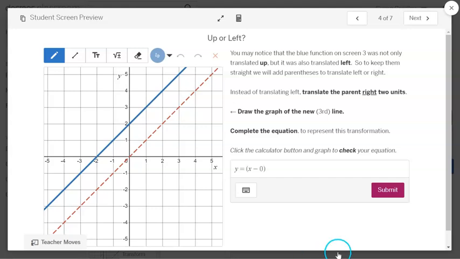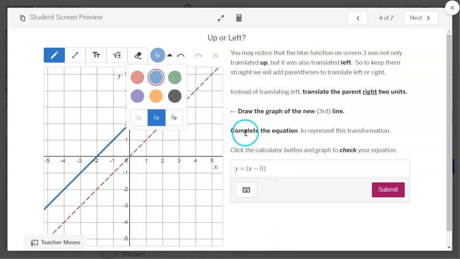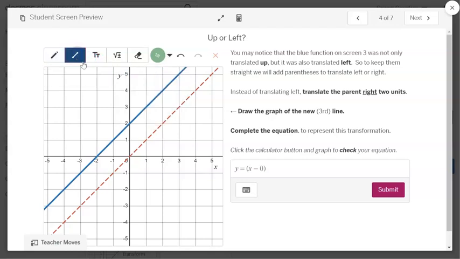And so what I've told them to do to keep track, we're going to use parentheses anytime we go left and right with a translation. So I've given them a starter in the blank, and I just want them to take that 0 out and replace it with a number. So notice the fine print here. We are going to draw a third line that is translating the parent right 2 units. So I'm going to choose the green here, and I'm going to choose the line tool, and we're going to translate this right.